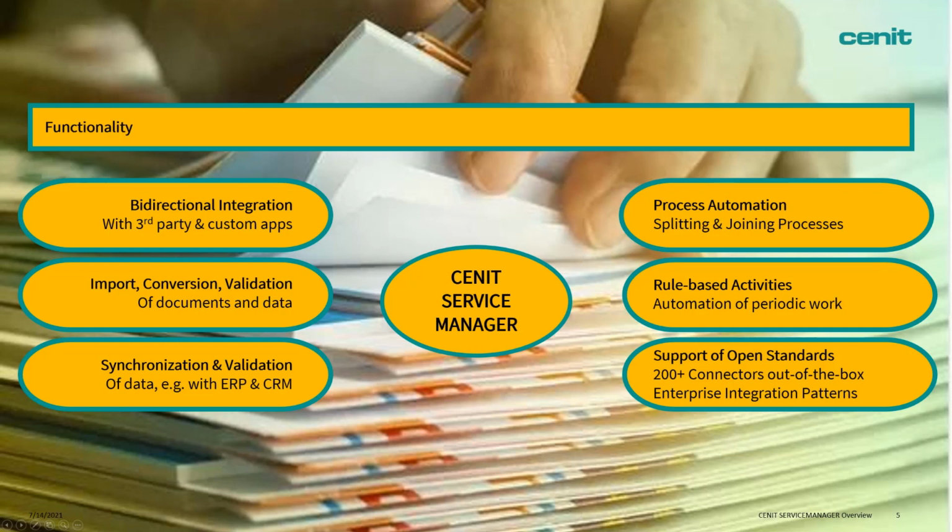Flexible execution of processes, including splitting and joining of processes. Rule-based automation of periodic activities. CENIT Service Manager supports open standards, shipping more than 200 connectors for widely used applications and protocols. And the CENIT Service Manager supports enterprise integration patterns, allowing for content-based routing.